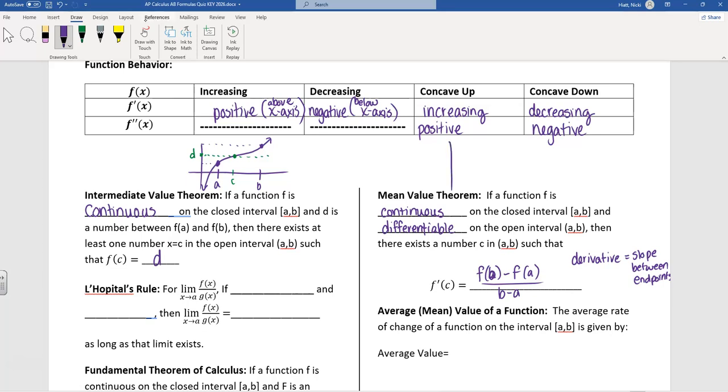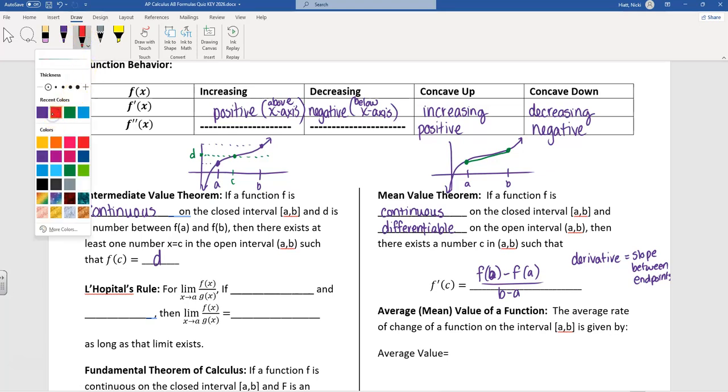Okay, so if you're thinking about the graph for this one, you can draw pretty much the same graph. If my slope between the endpoints looks like this, I didn't draw the greatest graph here either.